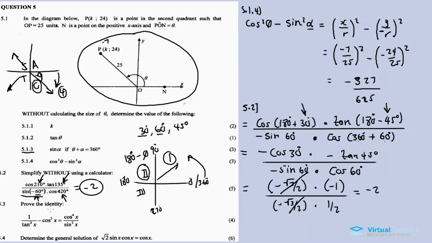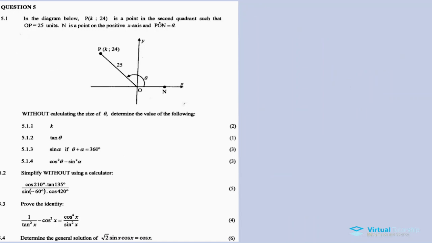5.3, prove the identity. So let us erase this so we can simplify this one. Alright, now 5.3, prove the identity. 1 over tan squared x minus cos squared x equal to cos exponent 4x over sine squared x.